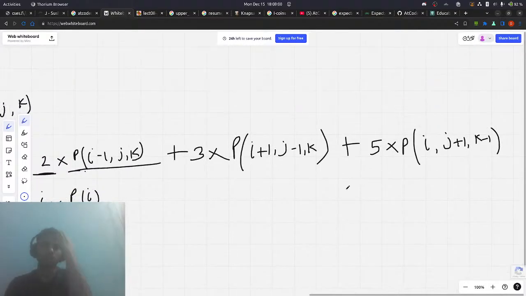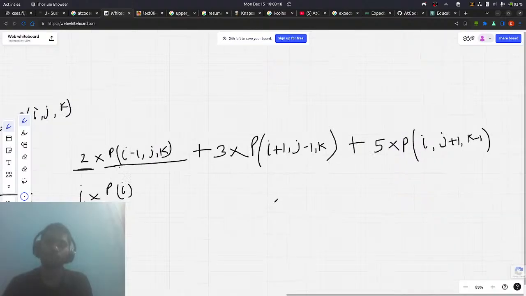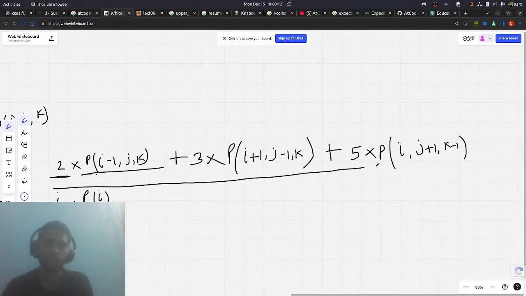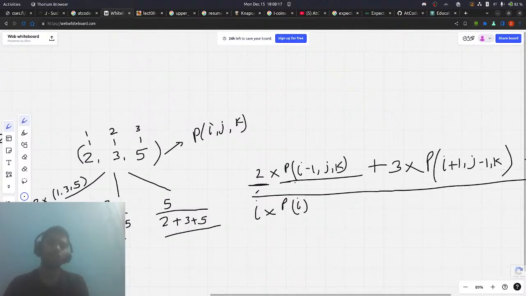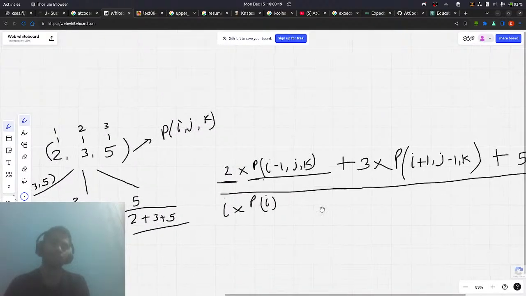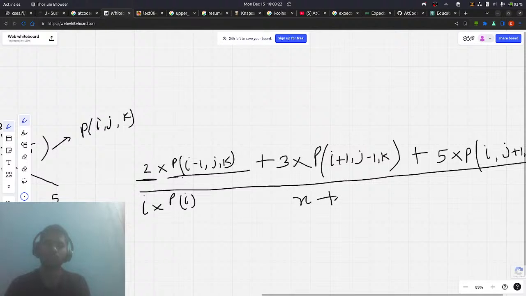Okay, so all of the expected operations are added together now, and then we will divide it by the total number of piles, or basically total number of sushi plates, that is x, y, z. This will give us the probability of this state.